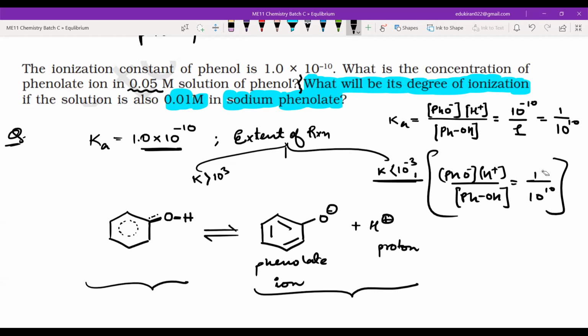Can you see the relative concentration of the undissociated acid and the H plus? See, if I have 10 to the power 10 molecules of phenol, I will get 1 molecule of H plus ion. Yes or no? Yes, sir. Now you tell me, weak acid or strong acid?